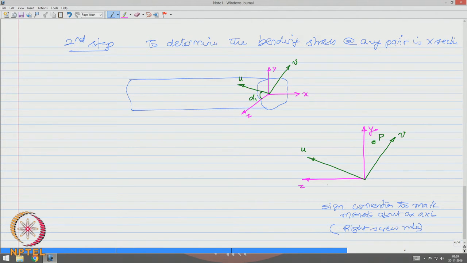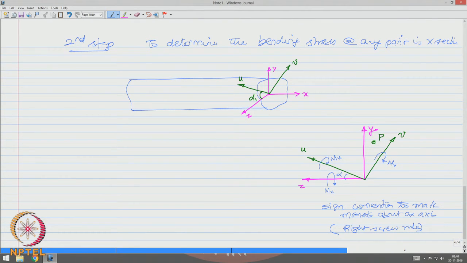You will notice that this will become my direction of M z, this will become my direction of M v, and this will become the direction of M u, and so on. We already have this angle, we call this for our understanding as alpha, because alpha 1 is for our understanding to clarify it is between two positive axes. Actually, the angle between the z and the u axis is alpha.